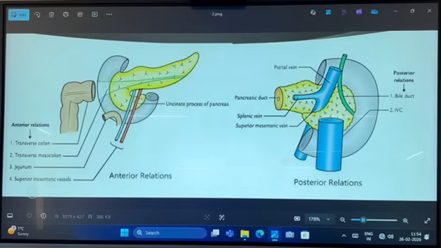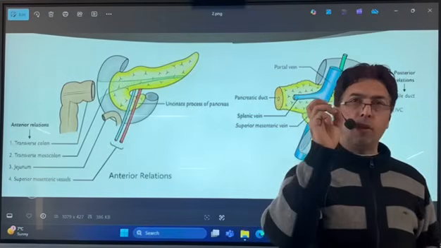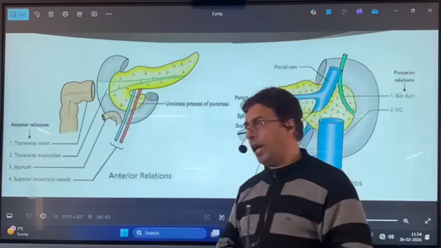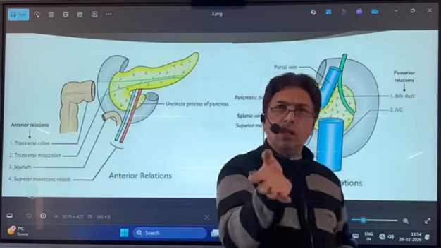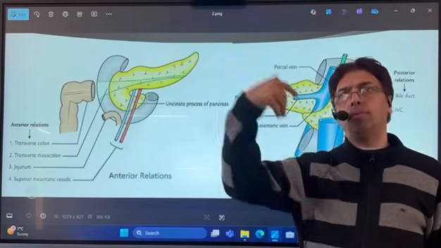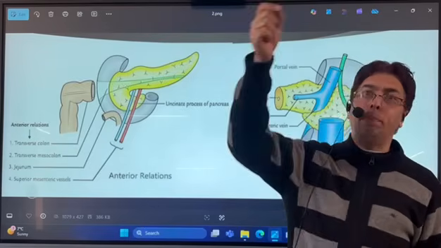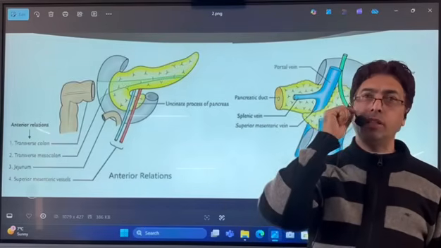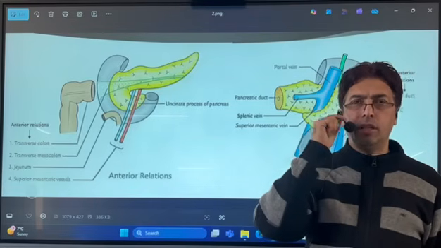Very important. Sometimes what happens? Say a patient's pancreas is normal, but he is to be operated on for the spleen. There is a problem with the spleen. Should a surgeon be alarmed about this surgery?